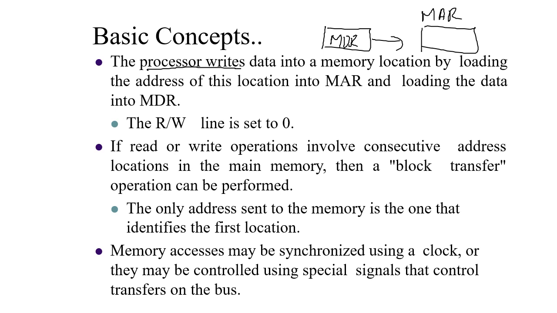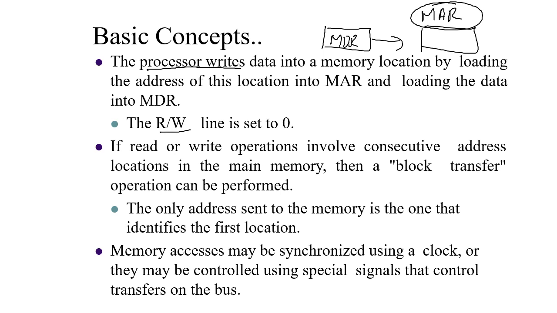Now, this is initiated by loading the target address into the MAR register. That is done by the processor. And meanwhile, the content that has to be transferred to the memory location pointed by MAR is also loaded into the MDR register.